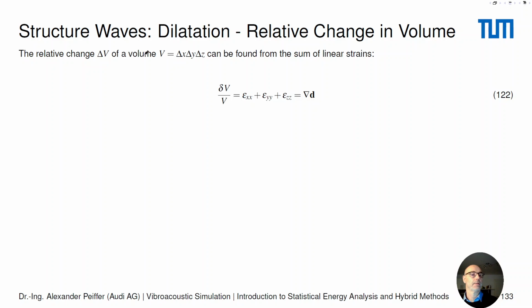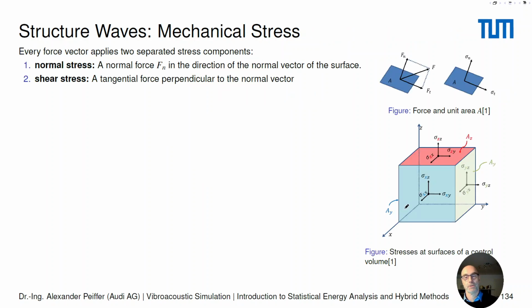By the way, this here on top should be a volume. This should not be that, it should be another delta, a small mistake, but also good to know. And this can be easily expressed from the displacement. That's just the divergence of the displacement, because that's what you get if you apply the nabla vector to the displacement. Good. So far for the stresses, strains and displacements.